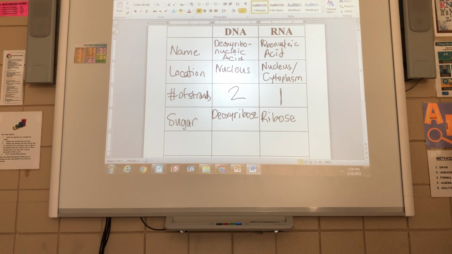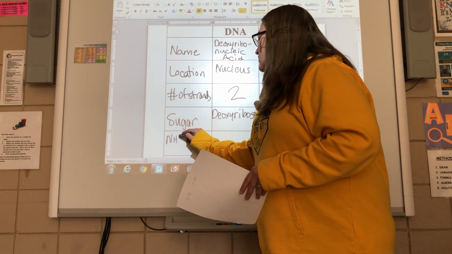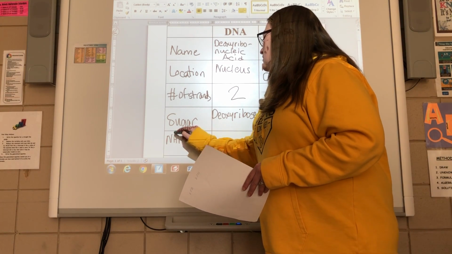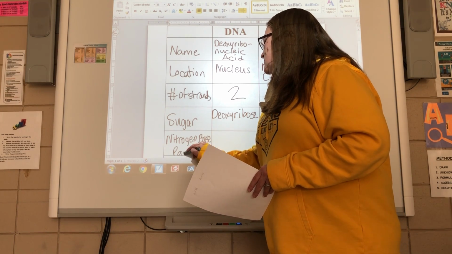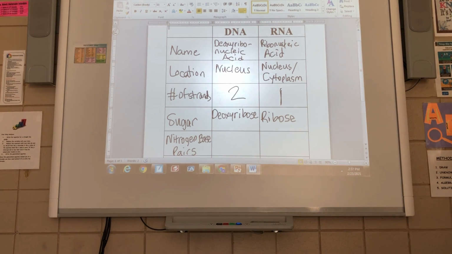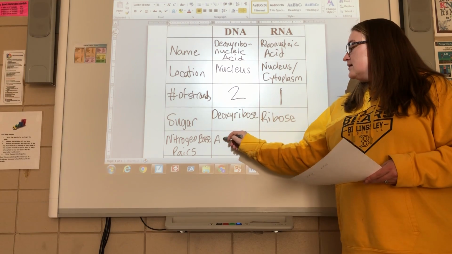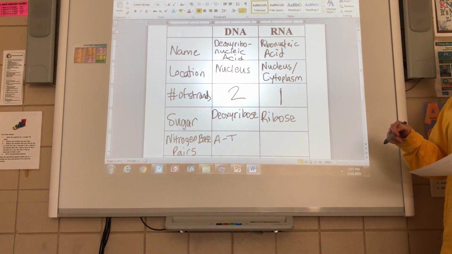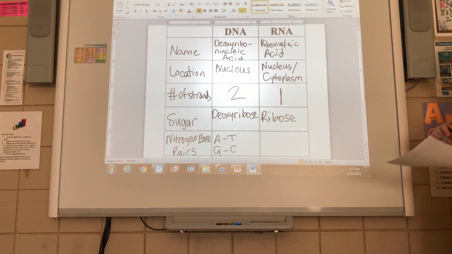All right, so after the sugars, let's look at the nitrogen base pairs. In DNA, you're going to have adenine and thymine that go together, and you're going to have the G and the C, the guanine and the cytosine that go together.